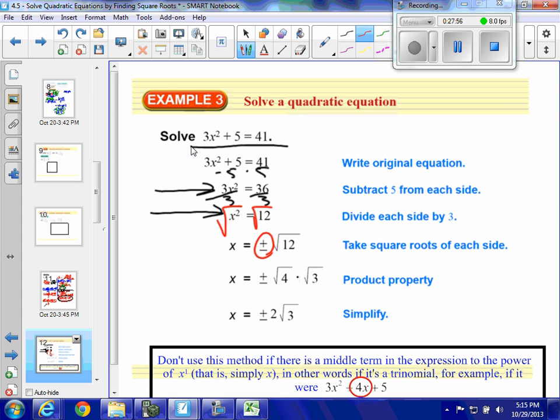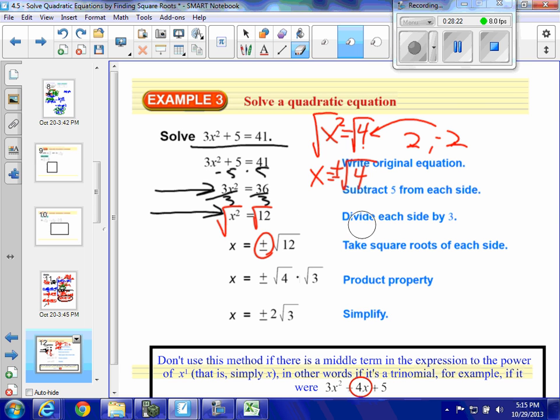If I have x squared is equal to 4, that means I take the square root of both sides. x is equal to the square root of 4 plus or minus, because the square root of 4 plus or minus can be 2 or minus 2. Either one of those, when I square it, is going to give me my radicand of 4. So don't forget your plus or minus sign.